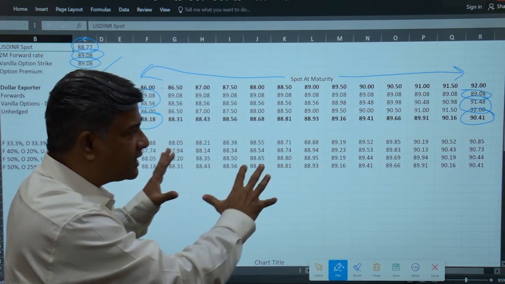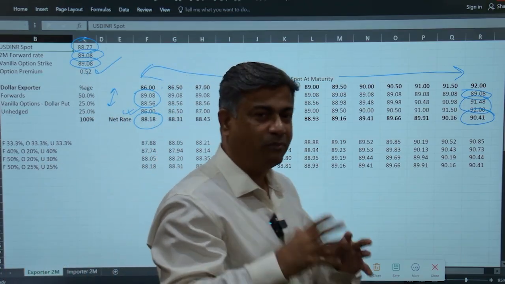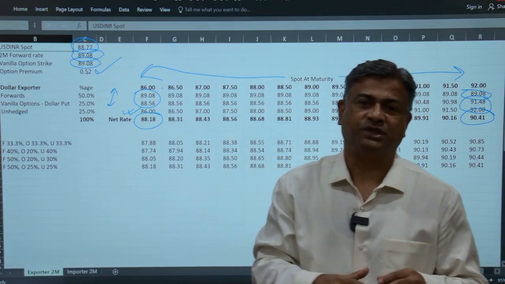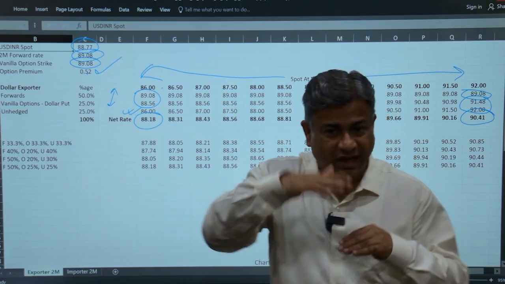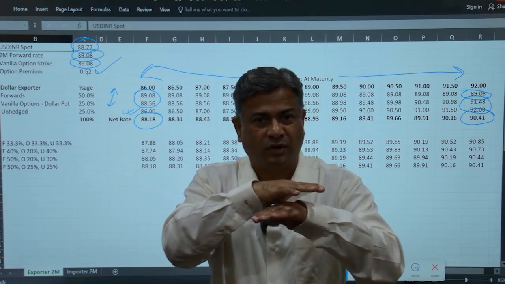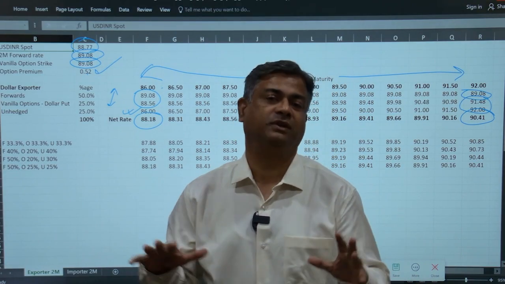So here again, a combination of forwards, vanilla options and open positions helps you to eliminate that volatility, and it helps you to get more harmonious or even prices.